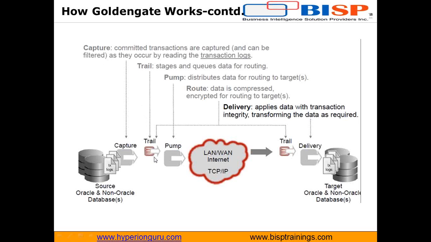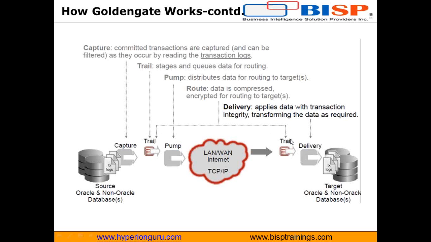Once the data is written to the local trail, the data pump is going to read 1 comma ABC out of your local trail and send it over the TCP/IP network to the remote trail.